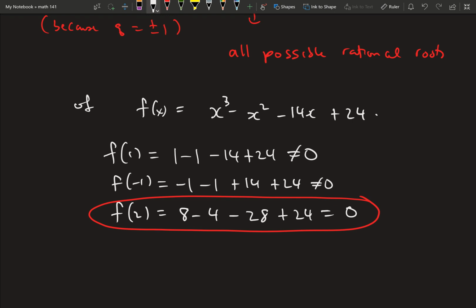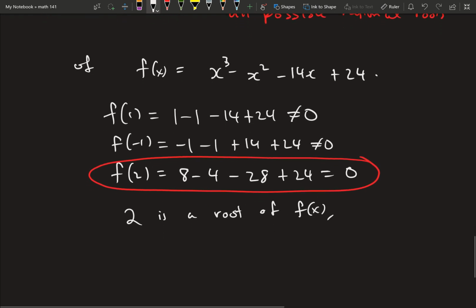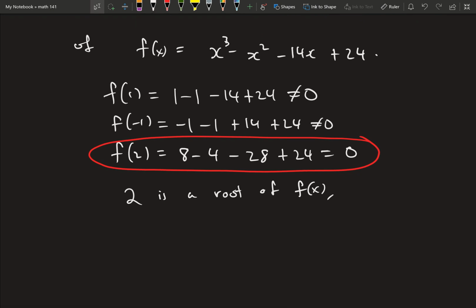The moment you find one that works, you stop. So 2 is a root of f of x, which means from the previous section that x minus 2 is a factor of f of x. So we have now completed stage 1 of this process of finding a root.